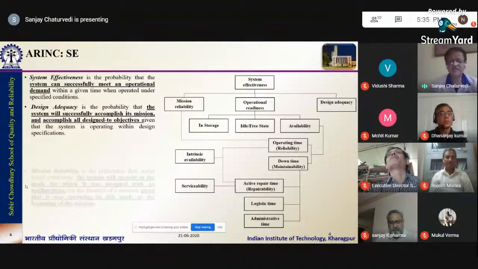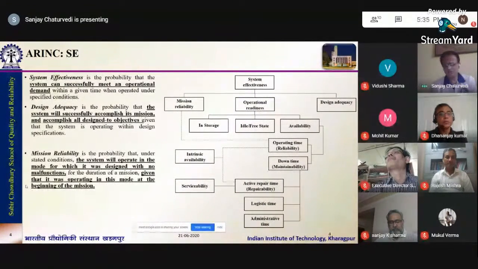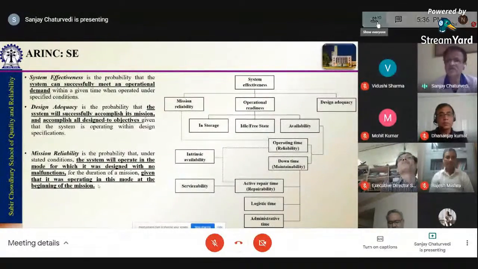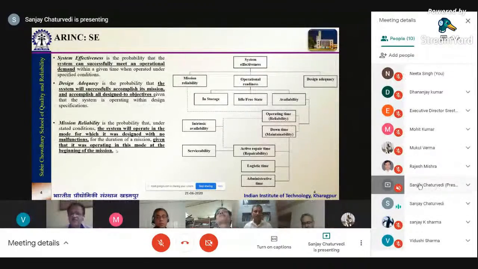Likewise, mission reliability is well known. You will find the definition of reliability in various texts: the system will operate in the mode for which it was designed, and given that it was operating in this mode at the start of the mission, the mission is going to be completed without any malfunctioning of the system.